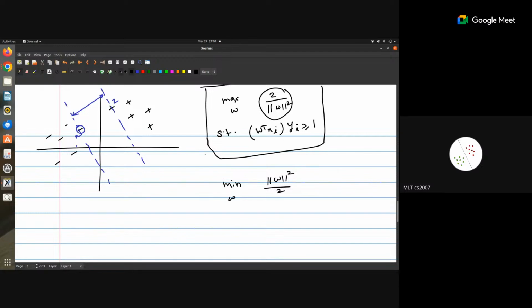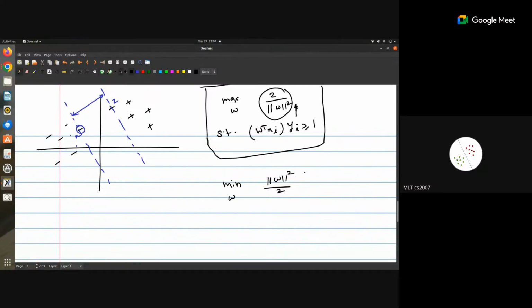It's a similar problem, because it's an inverse relation. If you wanted to maximize this, the entire ratio will be reduced. If I increase the width, then this quantity has to be reduced. In other words, I want to find the minimum W so that this quantity is as small as possible.